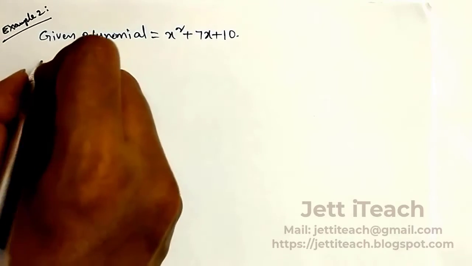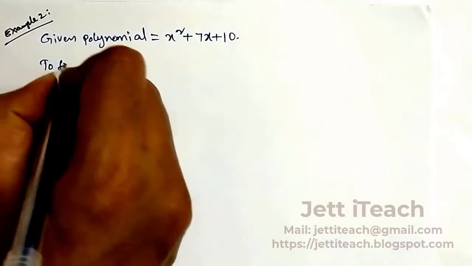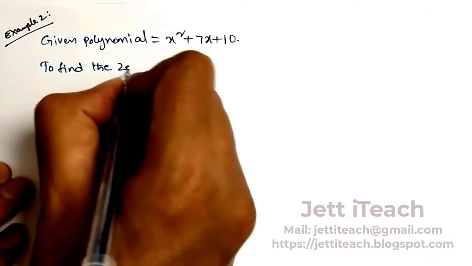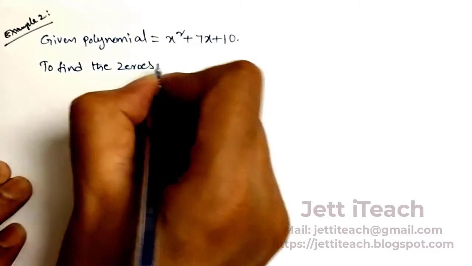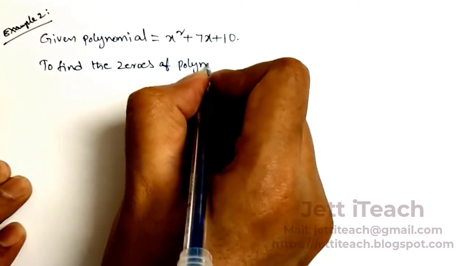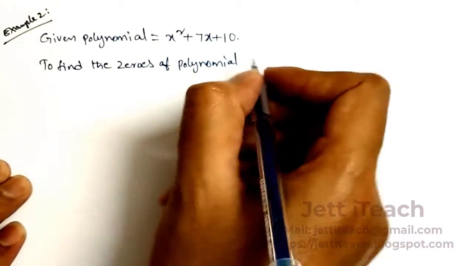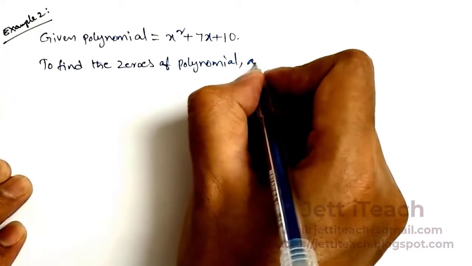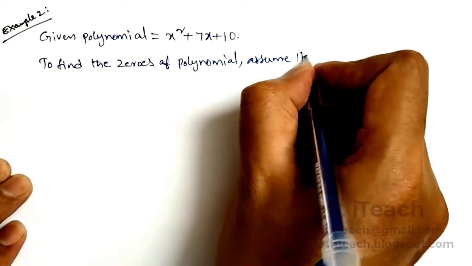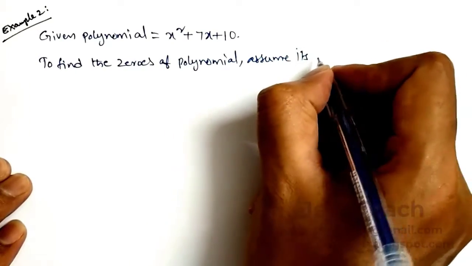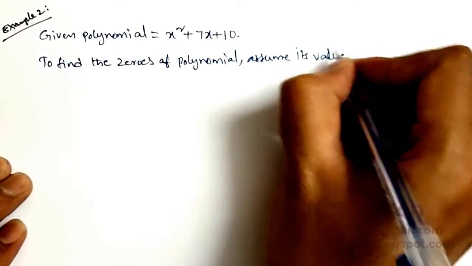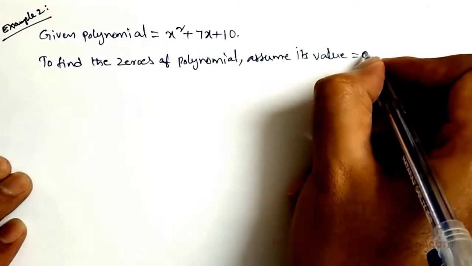To find the zeros of the polynomial, assume its value is 0.